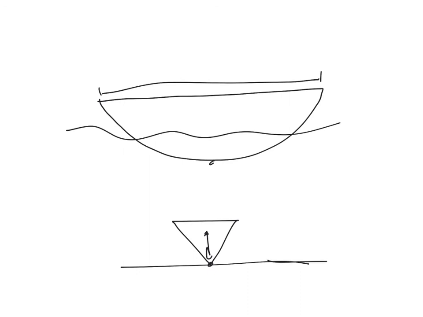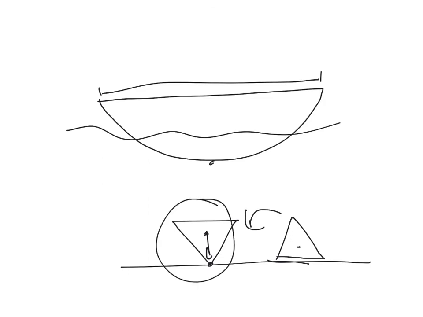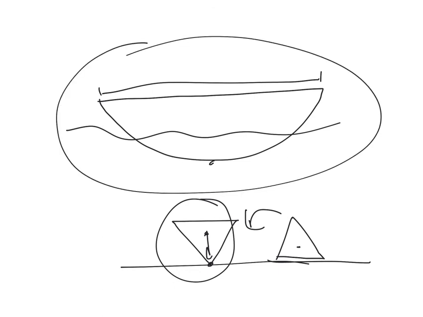Whereas if you have a pyramid like this, and the center of mass is down here, that's so impossible to tilt. You're never going to tilt a pyramid. I mean, you would literally have to rotate it until it looked like this before it would tilt over. So a boat is not quite as bad as a pyramid, but it's pretty bad.